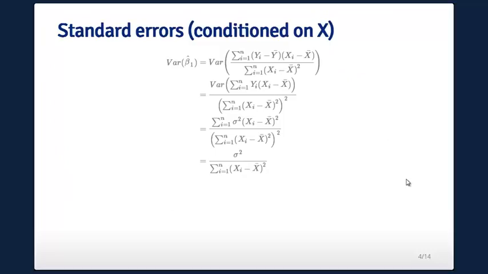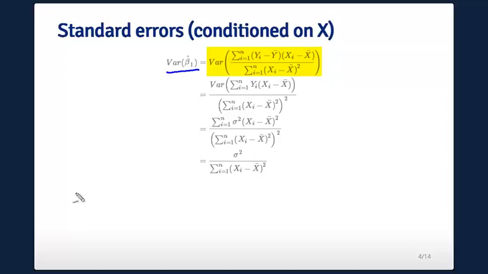Okay, so let's derive the variance of the slope coefficient just to show you how these calculations are done. It's a lot easier if you actually know the linear algebra, but in this case we can do it pretty simply on our own. So what we want is the variance of beta 1 hat. And in this line, all I've done is replaced beta 1 hat with its estimator.